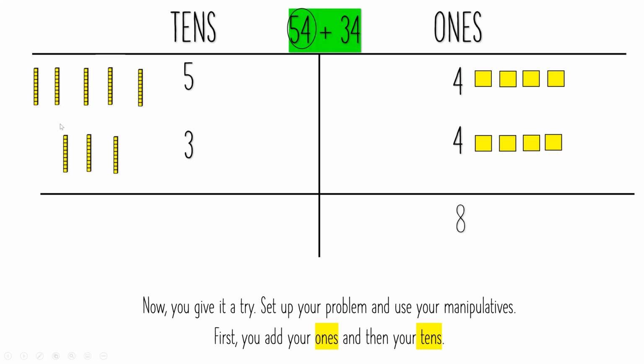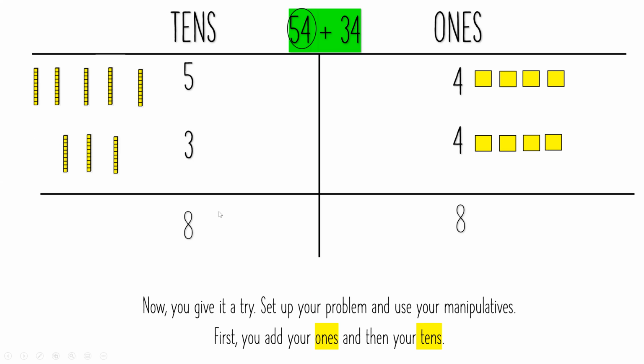So we can count by tens, or you can just simply count all your 10 blocks. 1, 2, 3, 4, 5, 6, 7, 8. Or counting by tens, 10, 20, 30, 40, 50, 60, 70, 80. We have 88. So 54 plus 34 equals 88.